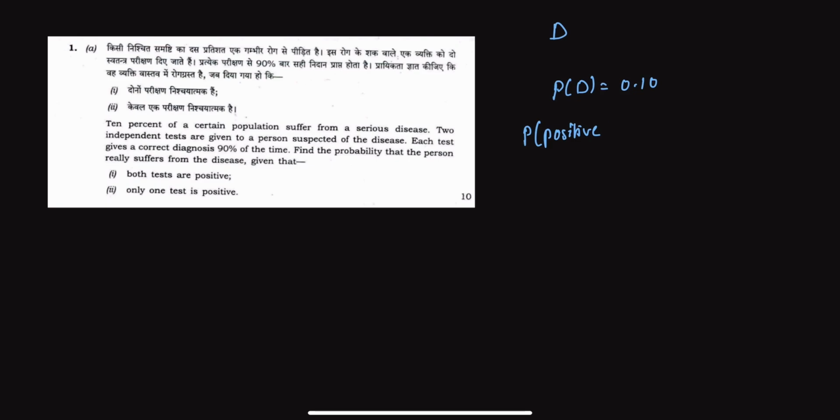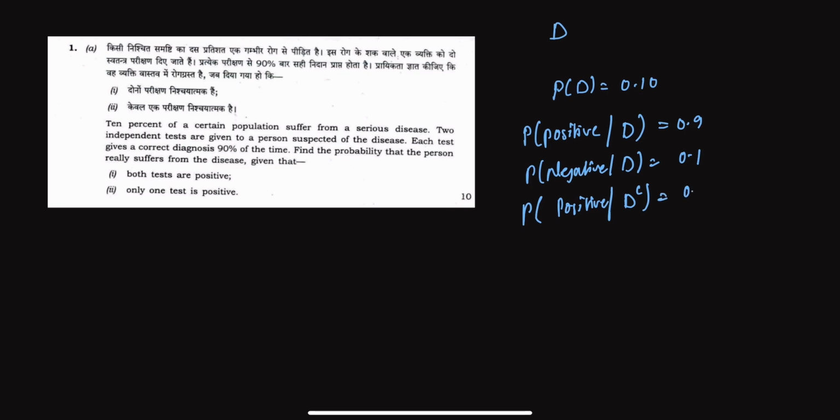So that means the probability of positive given a person has the disease is 0.9. So the probability of negative given there is a disease is 0.1, and the probability of getting positive given the person has no disease, that is D complement, is 0.1, and the probability of getting negative given the person doesn't have the disease is 0.9.